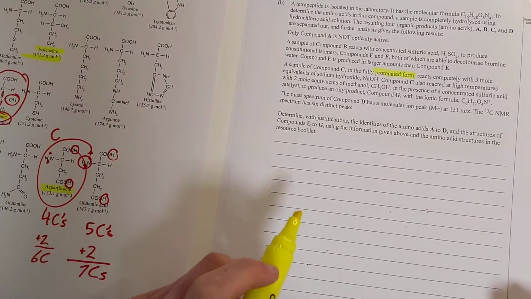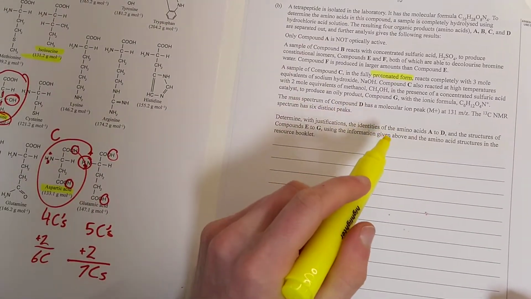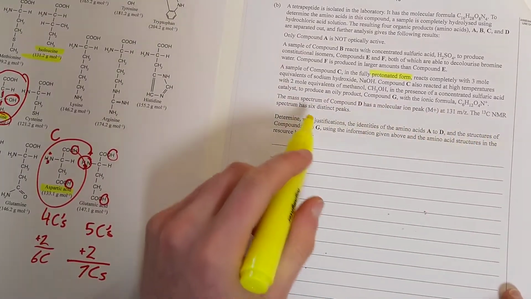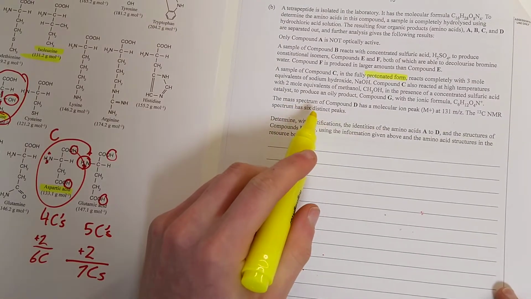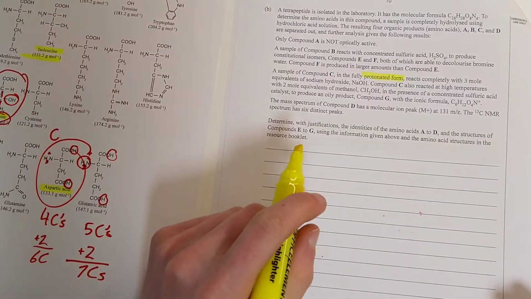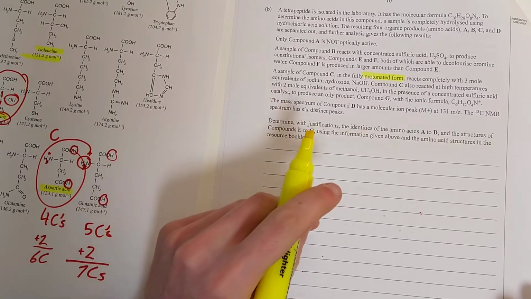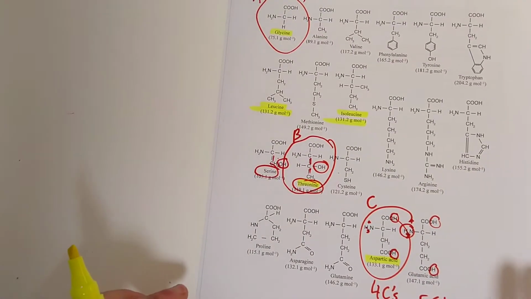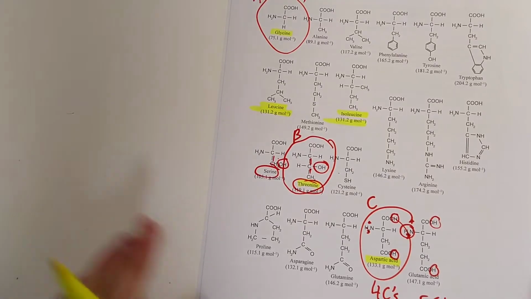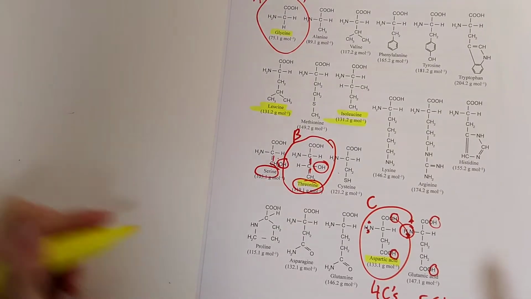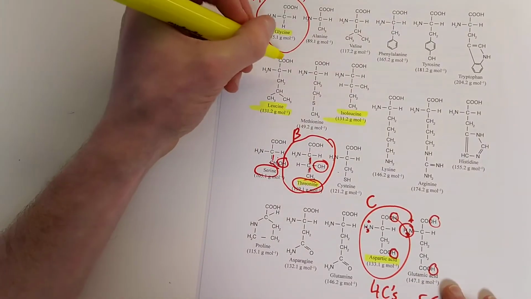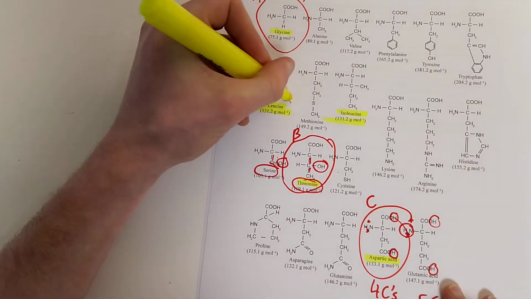We are told that compound D has a C13 NMR spectrum with 6 distinct peaks. So that's 6 carbons in unique carbon environments. Let's look at leucine and isoleucine and count how many unique carbon environments they should have on a C13 NMR. So, looking at leucine, it's got 1, 2, 3, 4, 5, 6 carbons.